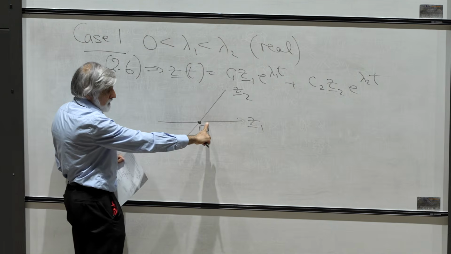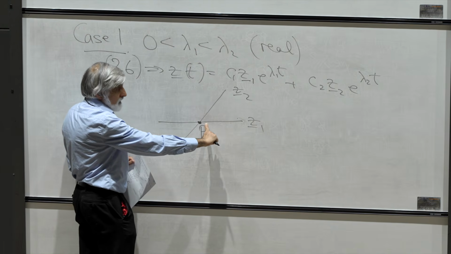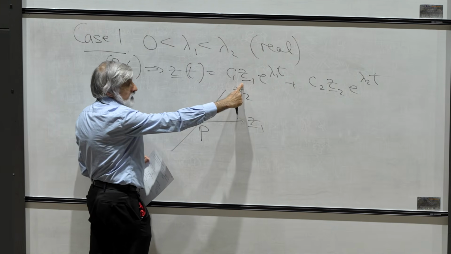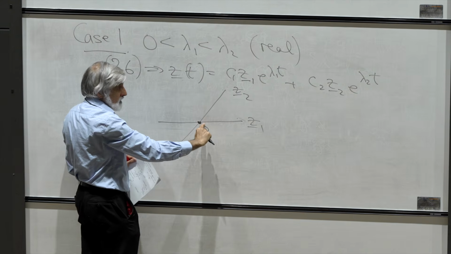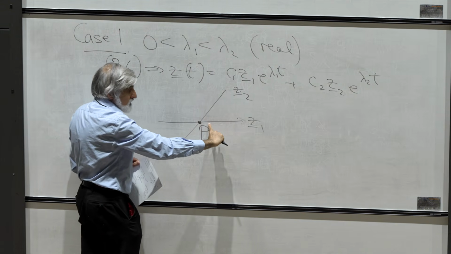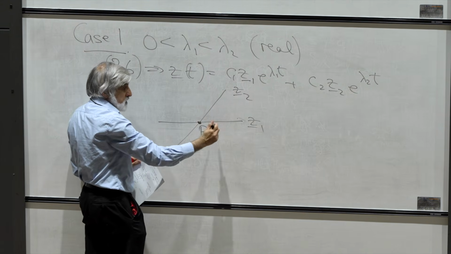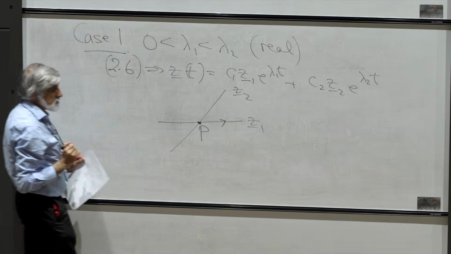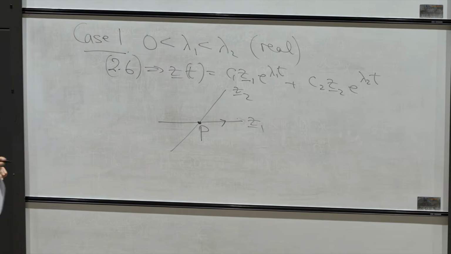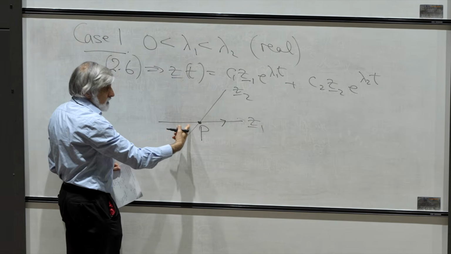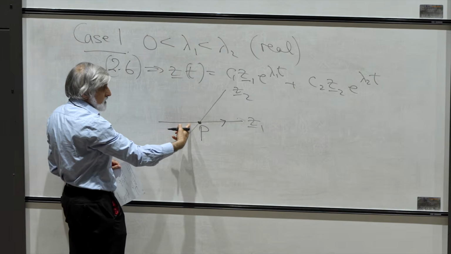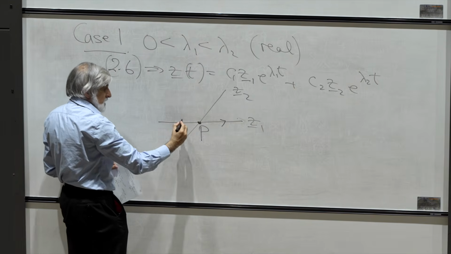Then what's going to happen? I'm going to have the solution C1 Z1 e to the lambda 1t, and that's going to grow because lambda 1 is positive. So you put the arrow there. Likewise, if we go here, C1 is now negative and is going to go in this direction.